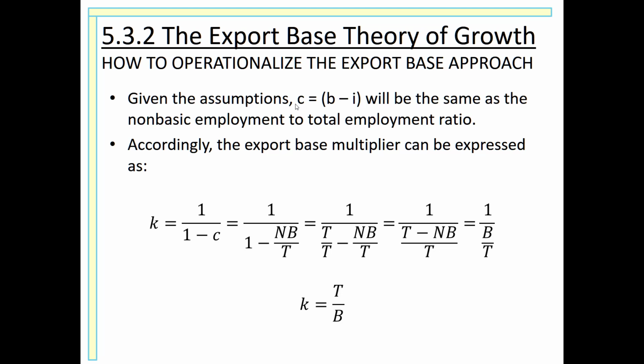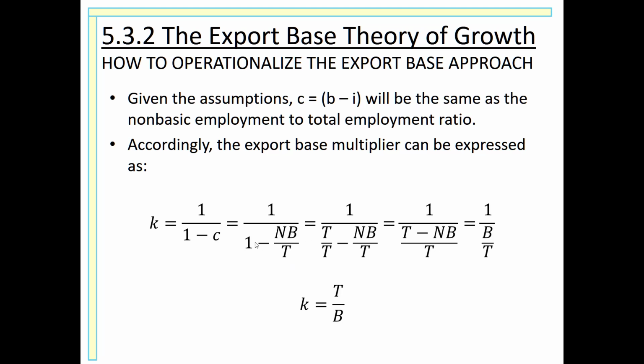But the proportion of non-export income divided by total income was little c. So in the expression for the multiplier, we're going to change our little c to non-export employment divided by total employment.